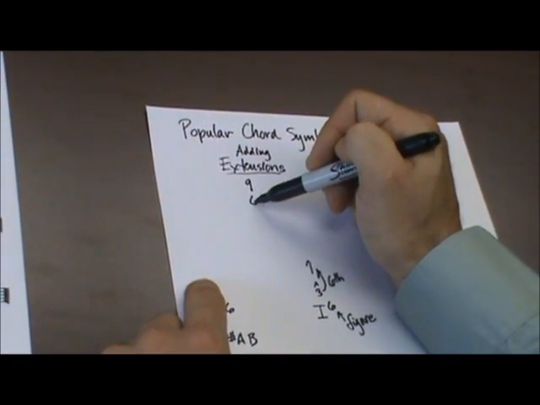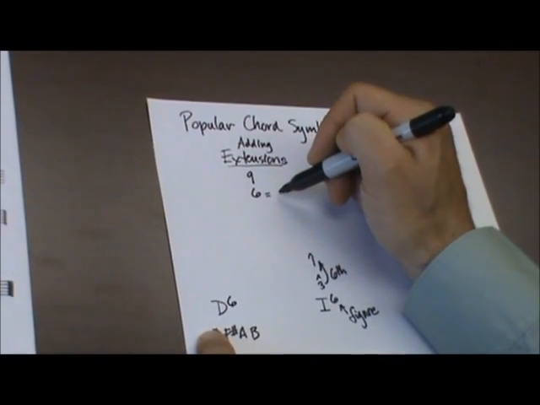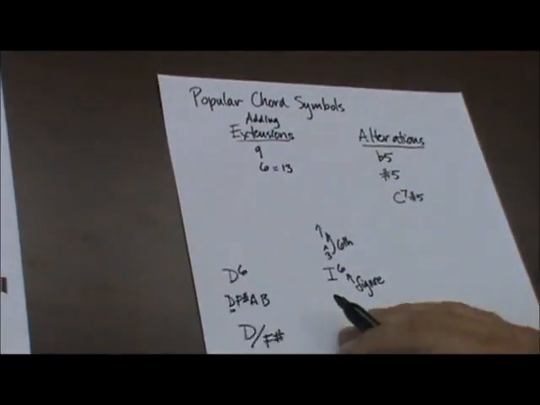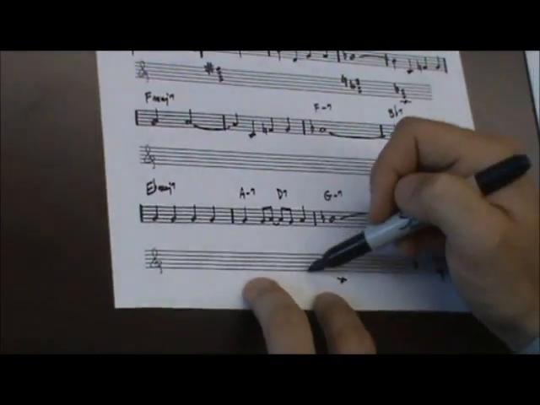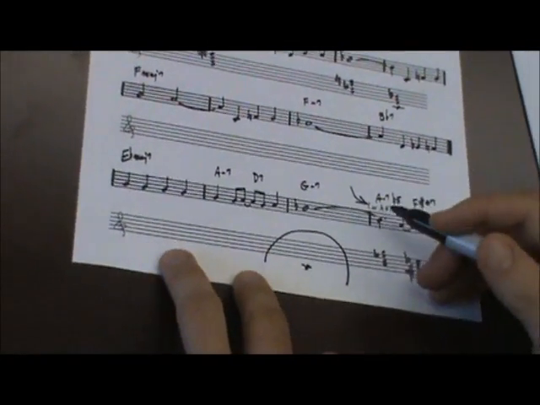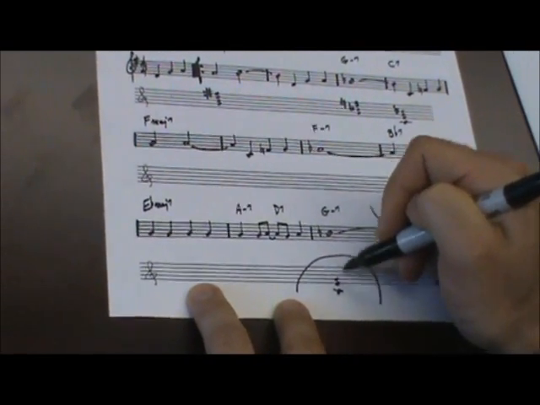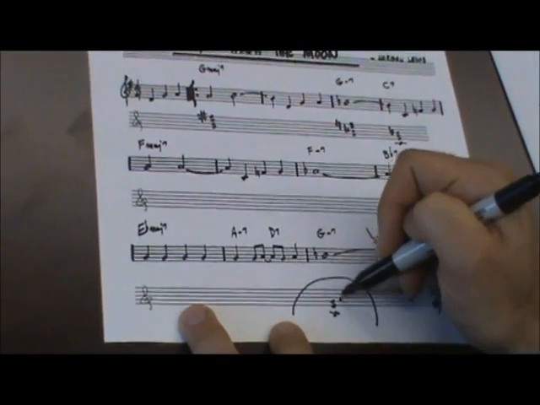Added sixths are common. Sixths can also be shown as 13ths. Let me show how that's true. So if you have a C chord, C, E, G, let's think what a sixth would be. That'd be right there.